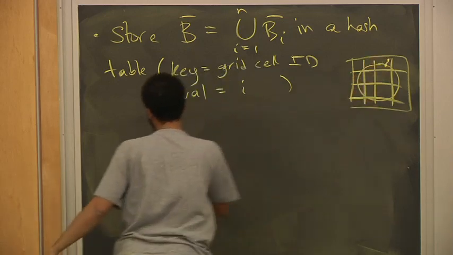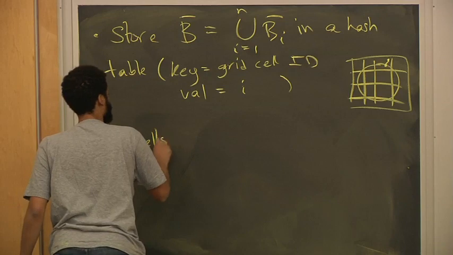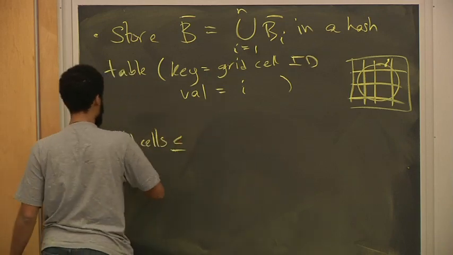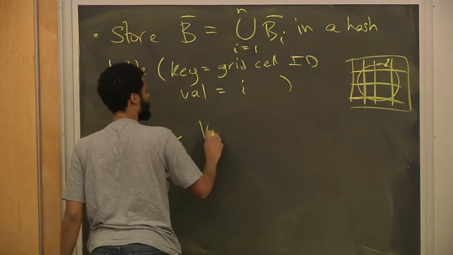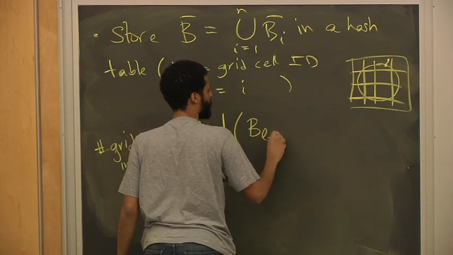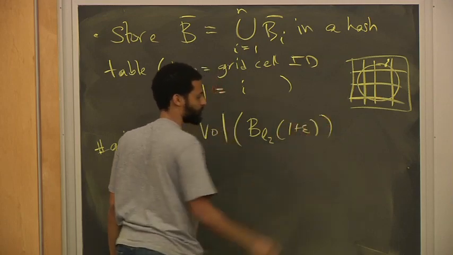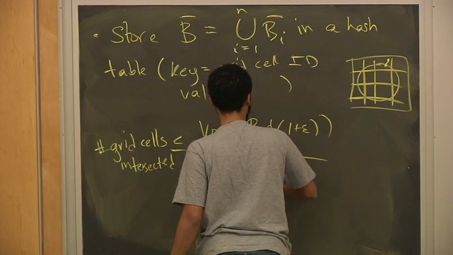So the number of grid cells intersected is at most the volume of a radius 1 plus epsilon ball divided by the volume of a grid cell.